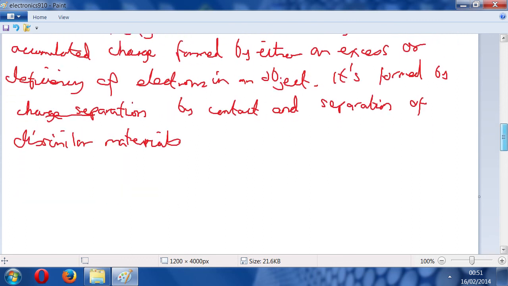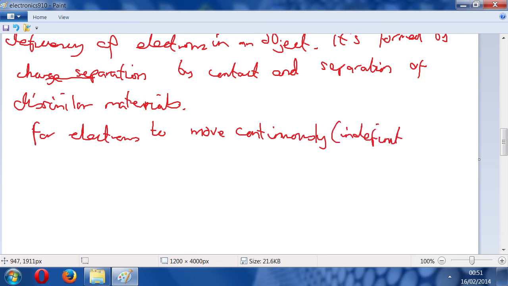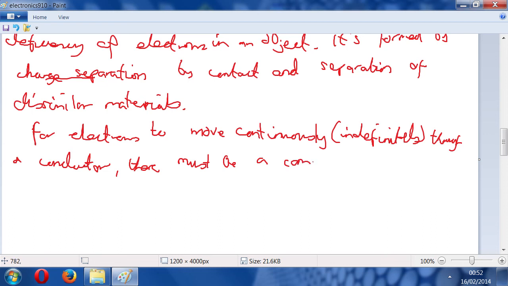And then as we just spoke about, we'll just finish off with that. For electrons to move continuously, indefinitely, forever, through a conductor, well, I suppose that resource is finite, there must be a complete unbroken path.